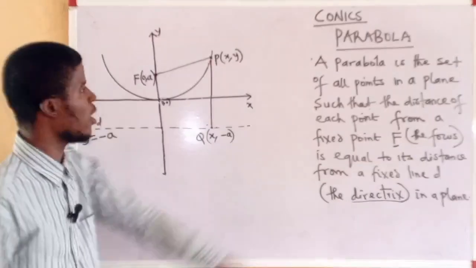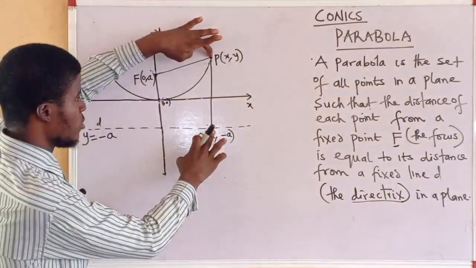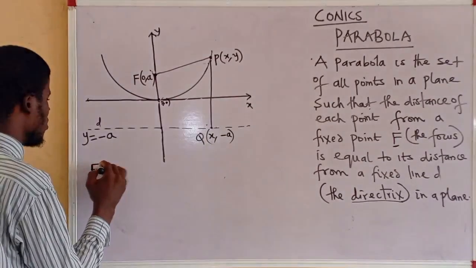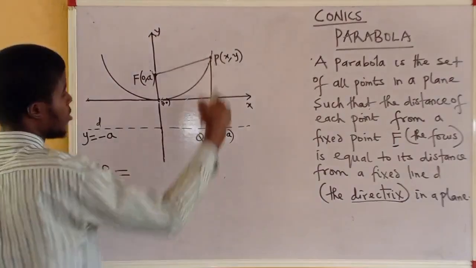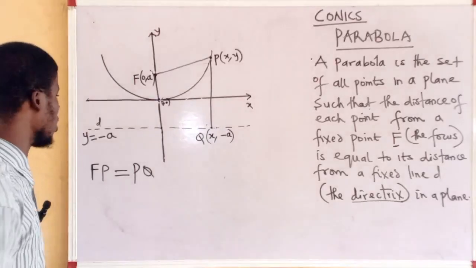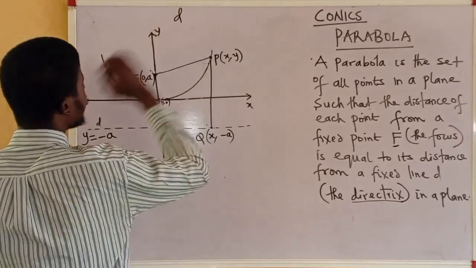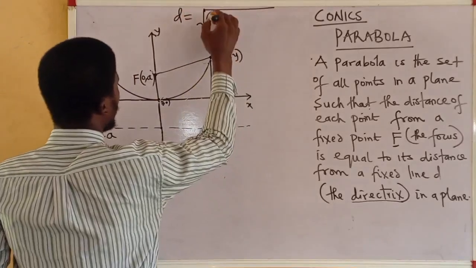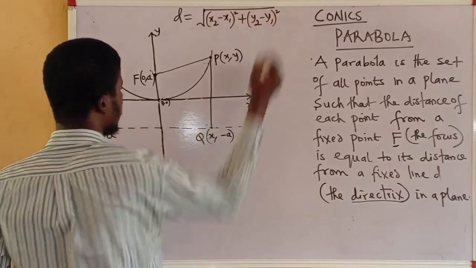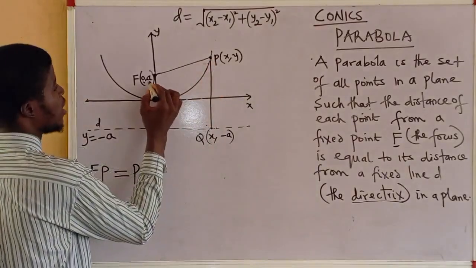Remember the definition of a parabola. The distance from the focus to this point is equal to the distance from this point to the point on the directrix. So we are saying that line FP is equal to line PQ. This is the basis for determining the equation of a parabola. Using the formula for the distance between 2 points, which is the square root of x2 minus x1 squared plus y2 minus y1 all squared, let us determine the distance between the focus and this point P. Let this be x1 and let this be y1.